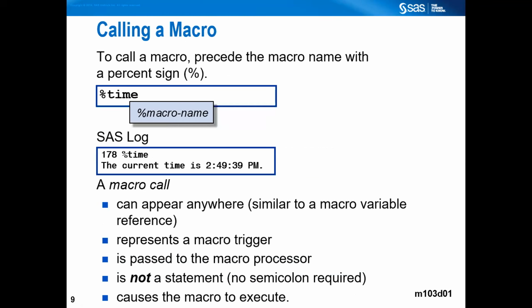So to call a macro, precede the macro name with a percent sign. The name of your macro with a percent sign, without a semicolon, indicates you are calling your macro program. And what does this macro contain at the back end? It contains the %put statement. Hence, %put shows the information in the log.